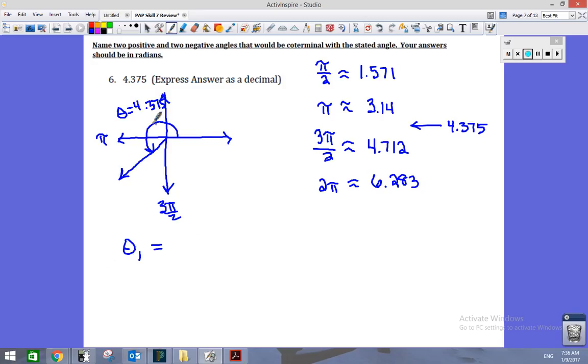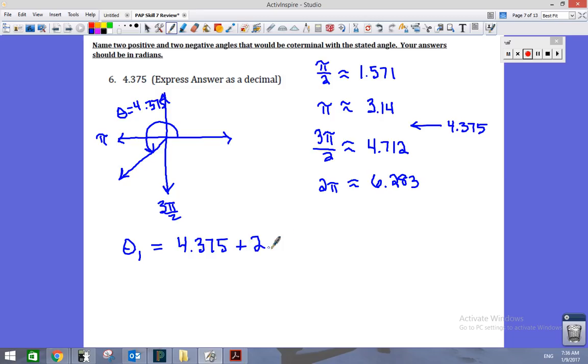I'm going to add complete revolutions, which means I'm going to add 2 pi to each one. Here, I'll show you what I do on the calculator.